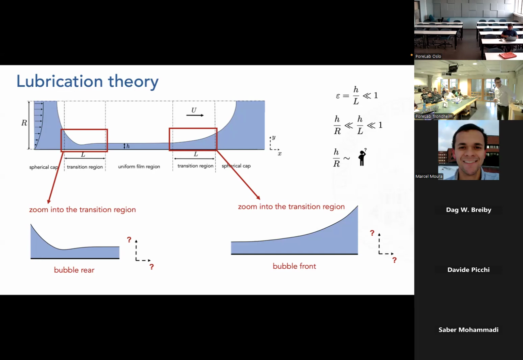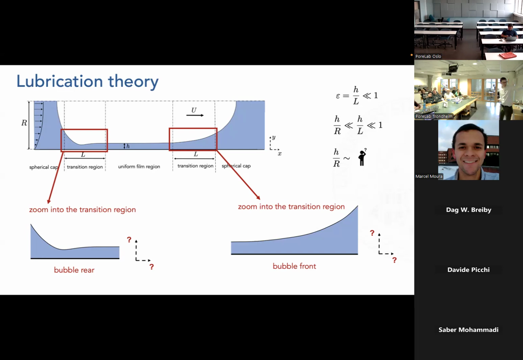The idea is to zoom in on this transition region, and to do that we stretch the spatial coordinates in order to see what's happening there. So we define a scale parameter, called small epsilon, which is the ratio between h and L, and which should be small. We also require that not only h over L is small, but also that the film thickness is much smaller than the radius of the channel.